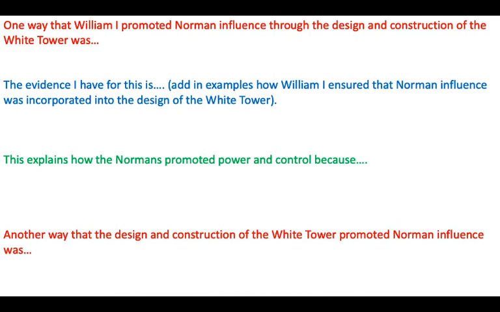So you've got one way that William I promoted Norman influence through the design and construction of the White Tower was, so you could say that it was using Norman materials to help enforce this idea that it was a Norman building. You could also use that he used a Norman designer, which is Bishop Gundulf.